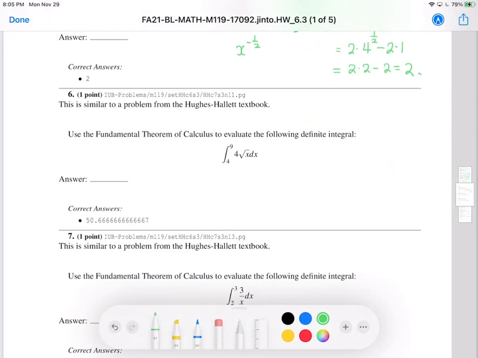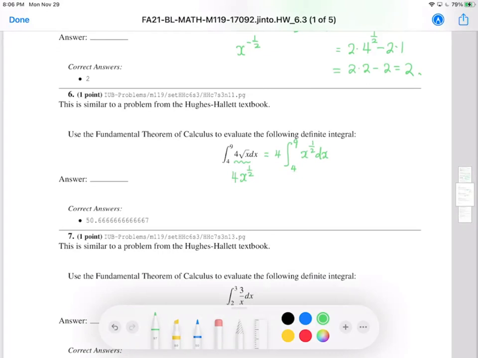Okay. For the next question, use the fundamental theorem of calculus. Again, let's express this in standard form: 4 times x to the 1/2. By the property of integrals, this is equal to 4 times the integral from 4 to 9 of x to the 1/2 dx.